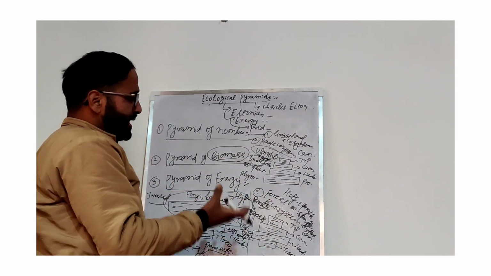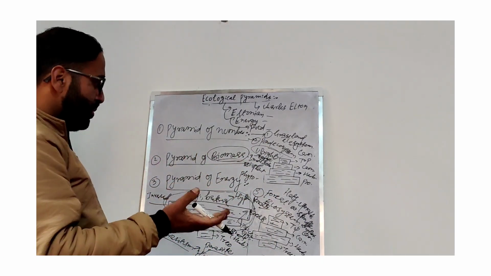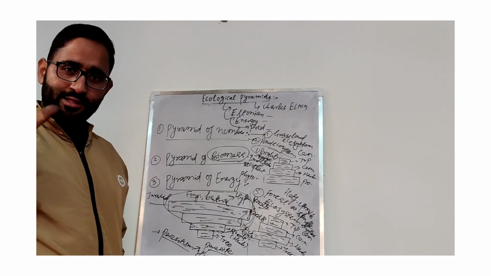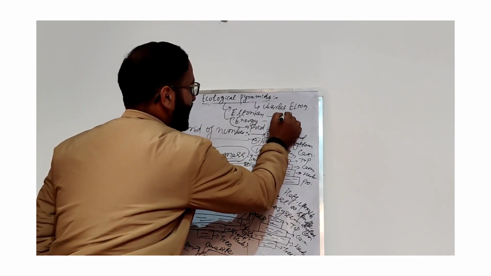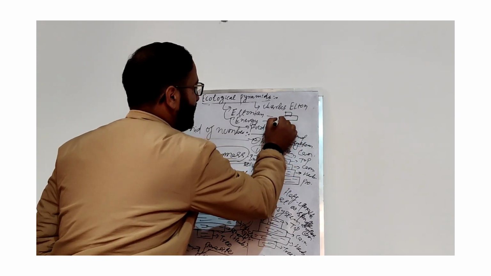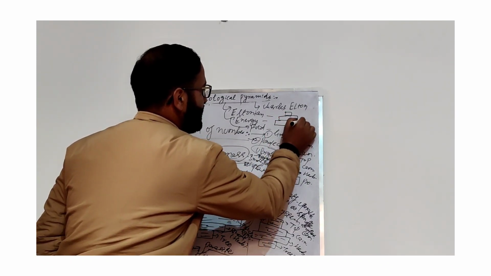So in short, in a pond ecosystem, the biomass at the base is least, and as we move up, the biomass keeps on increasing.